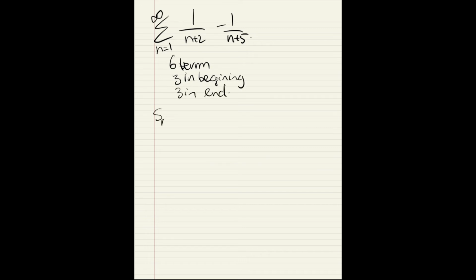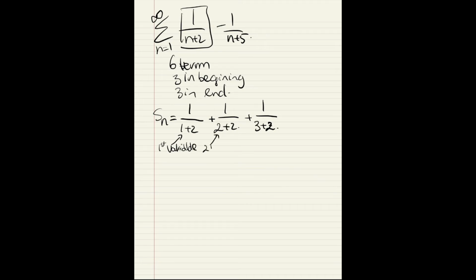So S of n is going to be 1 over 1 plus 2, plus 1 over 2 plus 2, using this function only, plus 1 over 3 plus 2. So this one is the first variable, this one is the second variable, this one is the third variable.